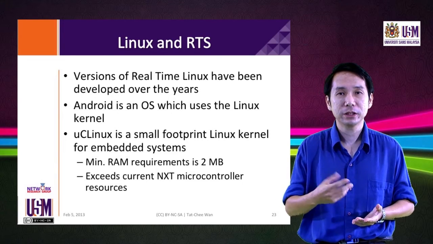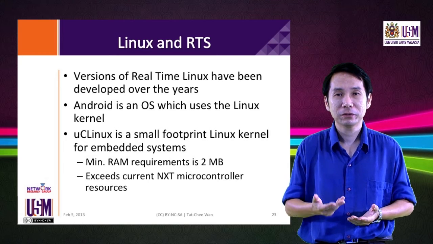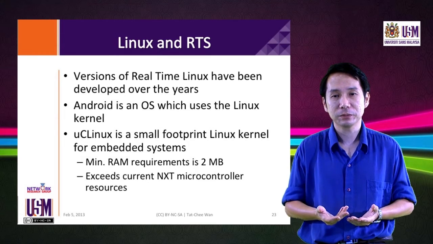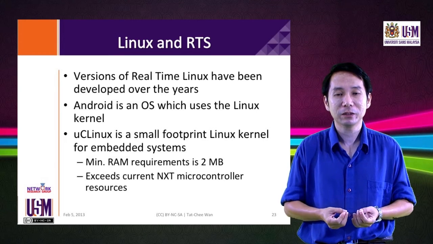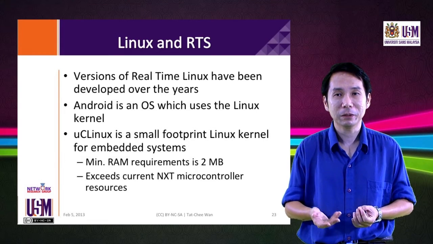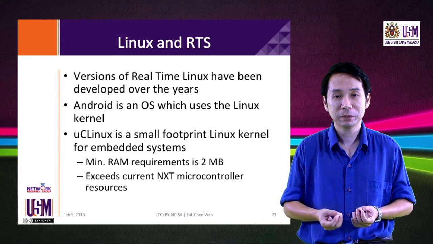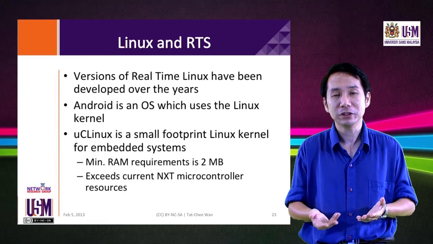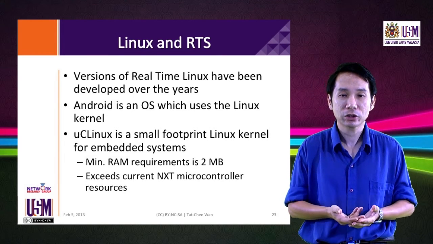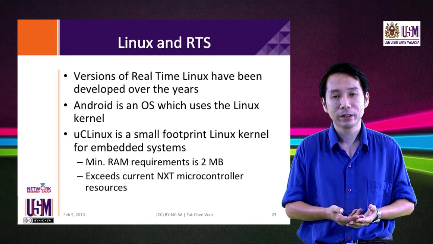Among all the embedded systems in the world today, we see an emergence of a new platform for developing embedded systems, which is Linux. Versions of real-time Linux have been developed over the years, and many of them are applied in various embedded systems for soft and hard real-time purposes. An example of a Linux kernel being used in an embedded system is the Android operating system, which is found in many smartphones today.